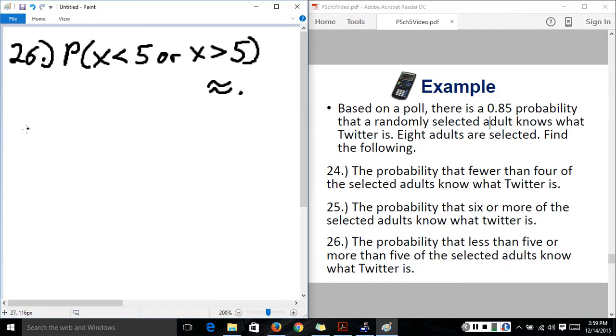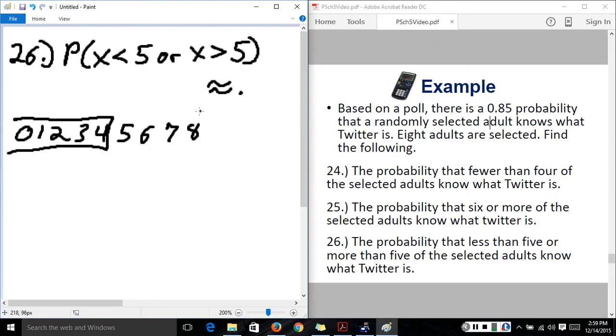Let's think about how many successes I'm really interested in. If I list out my different possibilities for success, I want everything less than 5, that's 4 and down. I want everything bigger than 5, that's 6 and up. So I could find the probability of 0, 1, 2, 3, 4, 6, 7, 8 successes and add those all together.